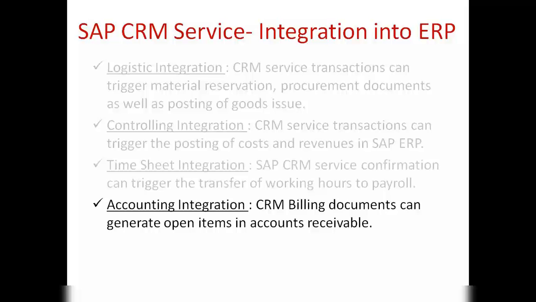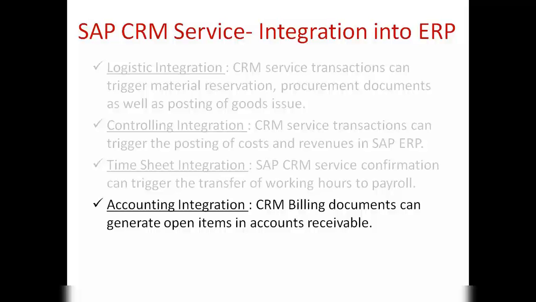Accounting integration. A CRM billing document can generate open items in account receivable. If you know about account receivable and account payable, what that means is, if my company has provided a service to a company, once I have created a billing document and sent it to the customer, my account receivable department will see an item in their system that we need to get payment of this many thousand dollars from this customer because of this invoice.